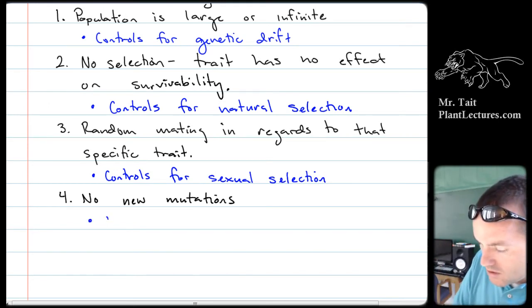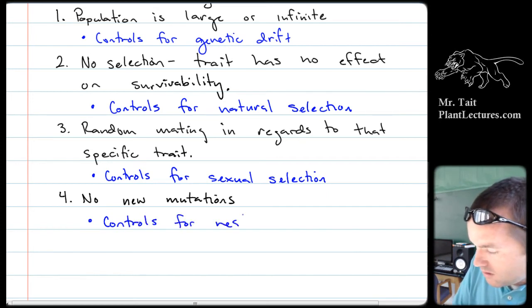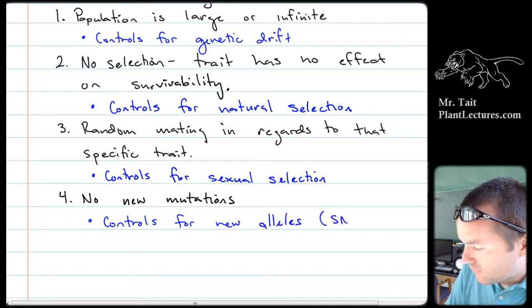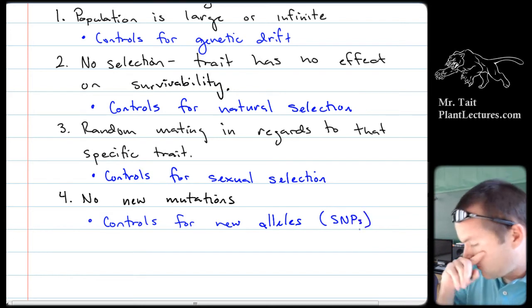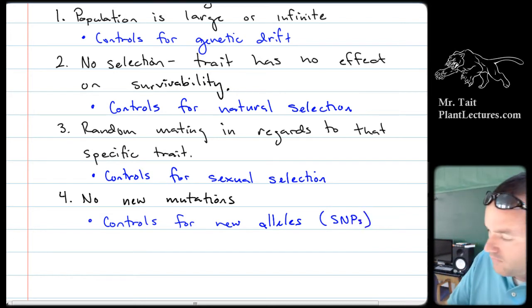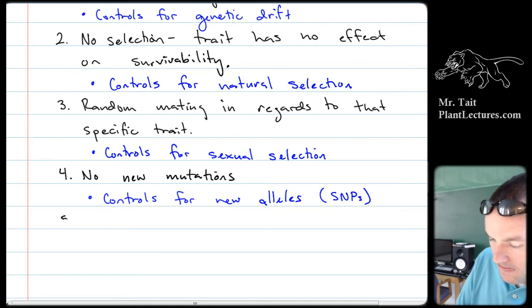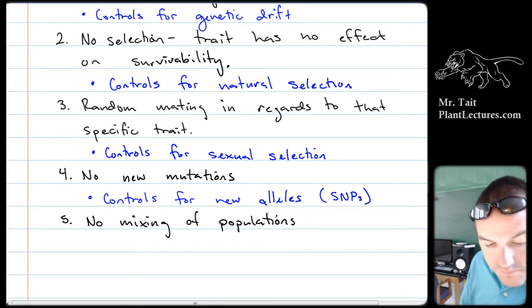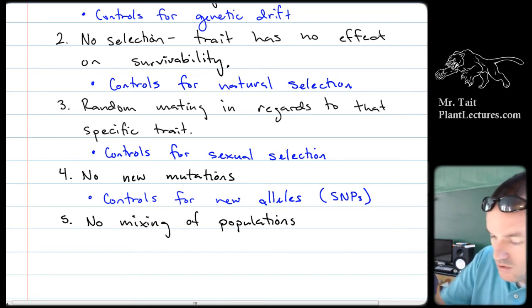So this controls for new alleles, which should generally be the result of SNPs, single nucleotide polymorphisms. And then number 5, no mixing of populations. And that obviously controls for gene flow.